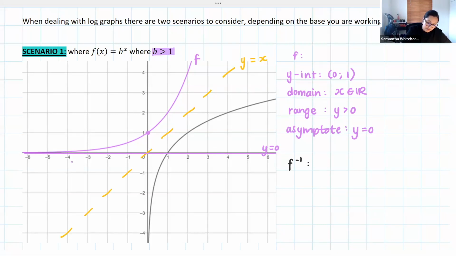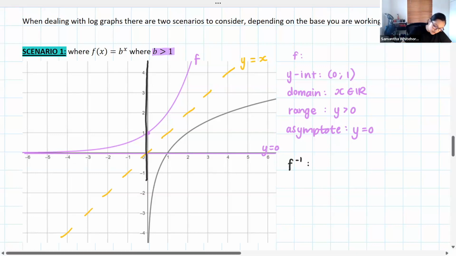If we try and find a y-intercept, hopefully what you can see is that there's no y-intercept. The reason for this is because of that swap between x and y. Our asymptote was originally horizontal. The inverse now has a vertical asymptote. So the asymptote of the inverse function is now the y-axis, the equation x equals 0.